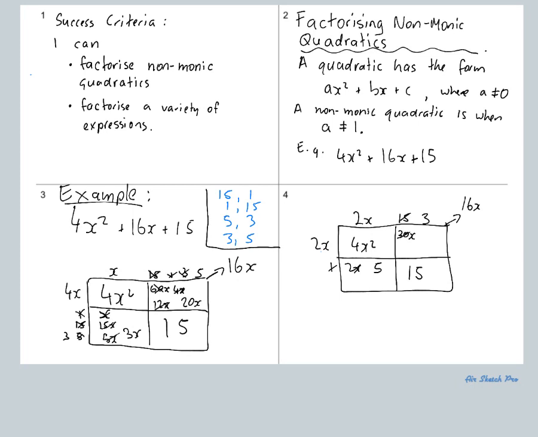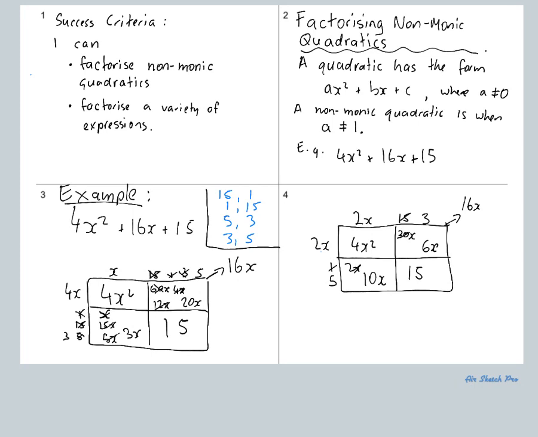Oops, wrong spot for that one. So here we go again. 3 times 2x is 6x. 2 times 5 is 10x. 10x plus 6x. Oh, thank goodness, it's 16x. We're there.